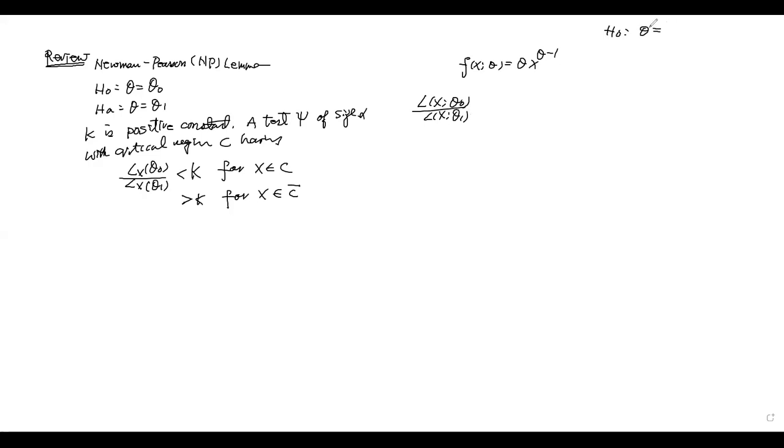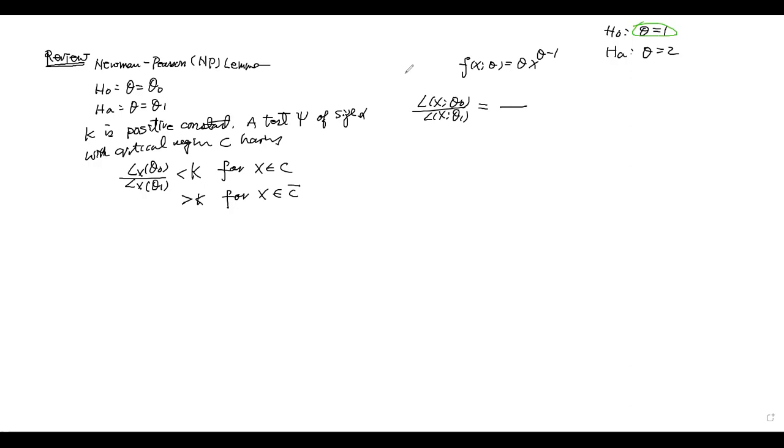We want to test theta equal to 1 versus the alternative theta equal to 2. Since we only have a sample size of 1, for the null hypothesis, theta is equal to 1.